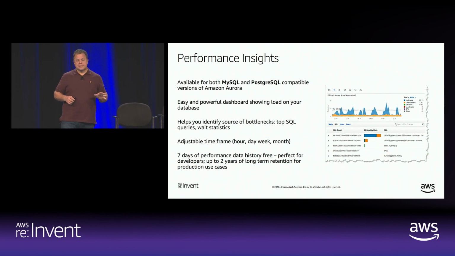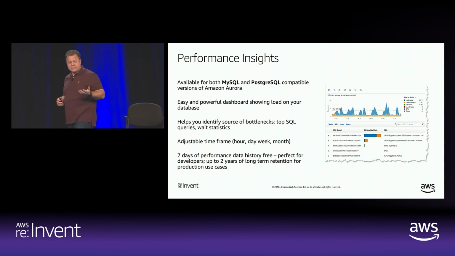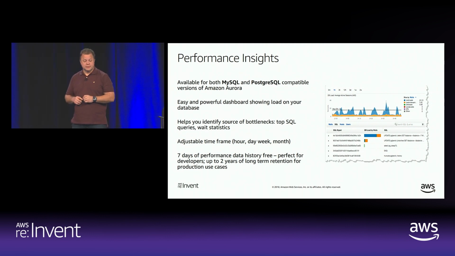So now Performance Insights itself is available on both the MySQL and the Postgres-compatible editions of Aurora. It's got an easy and powerful dashboard that you can see a screenshot of right there on the right-hand side. And it helps you to identify not only the source of bottlenecks, but also the top SQL queries that are consuming resources and wait statistics too that are contributing perhaps to performance issues.